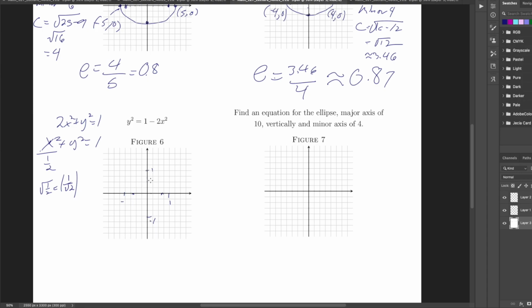Oops, let me go through the points correctly. Alright, so what do we have here? This distance here is 2 times square root 2, so the major is 1 by 2 of them, right? So major would be 2 times, this would be over 1 if I wrote it. The minor, so this is 1 squared, and I can write this as square root 2 squared.